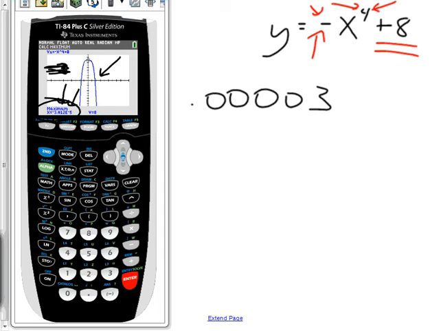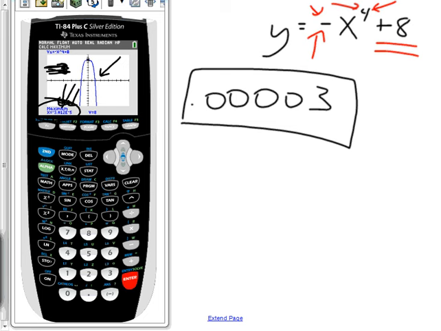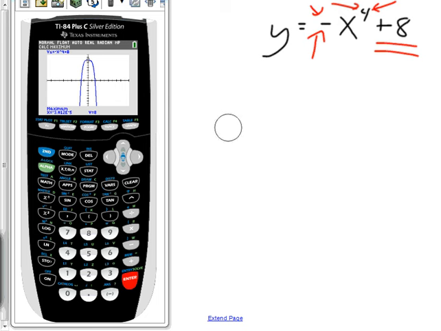Don't come up to me on the test and say, well, I wrote this because I thought that's what it meant. What it means is 0. This is rounding to 0. I wish the calculator could just say that. Maybe newer, different kinds of calculators are smart enough to figure out that that's 0.